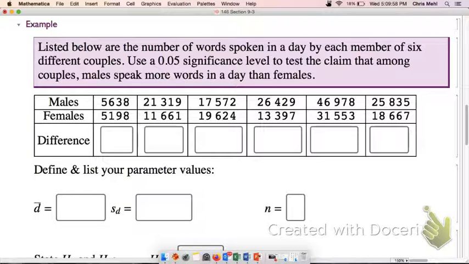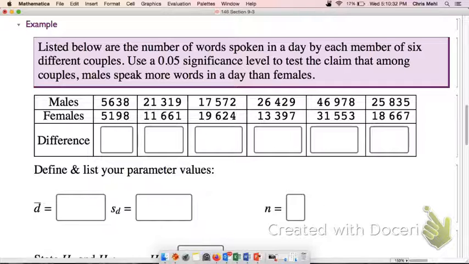In this first example, I'll show you how to do it by hand, actually calculating a test statistic and a p-value. The other thing I can do is go on StatCrunch. I can show you how to enter the data into StatCrunch, have StatCrunch calculate these differences for you, and find the mean and standard deviation of the differences.